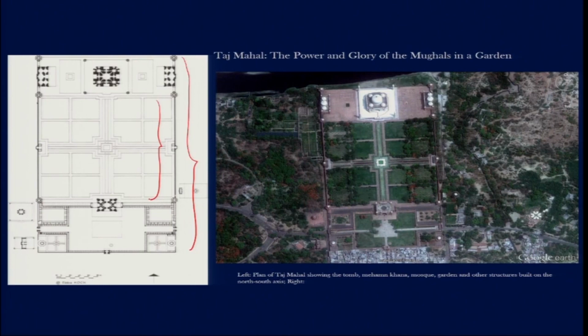However, we do not really see the tomb complex at the center, but it is moved further north, right beside the river Yamuna. This was made deliberately to have a vista-like presence of this monument, which can be seen from the other side of the river.